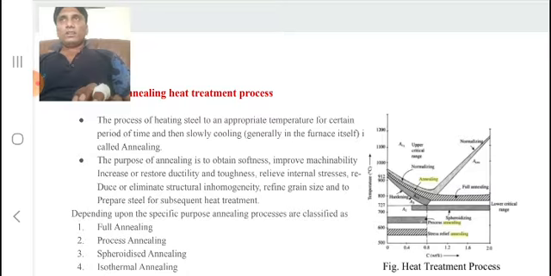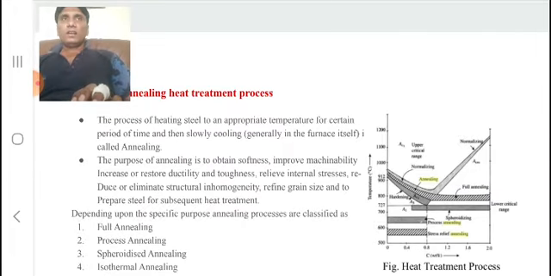So the purpose of annealing is to remove the stresses which are developed during cold working or hot working, but also to convert or transform the retained austenite completely into the required microstructure, which is done by annealing or any other procedure.